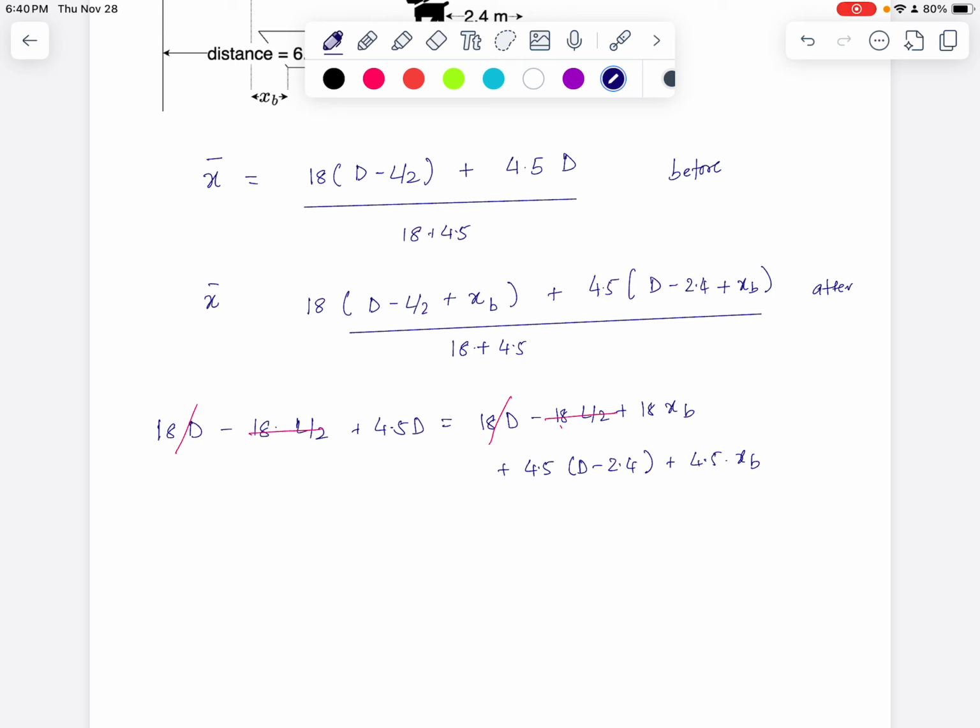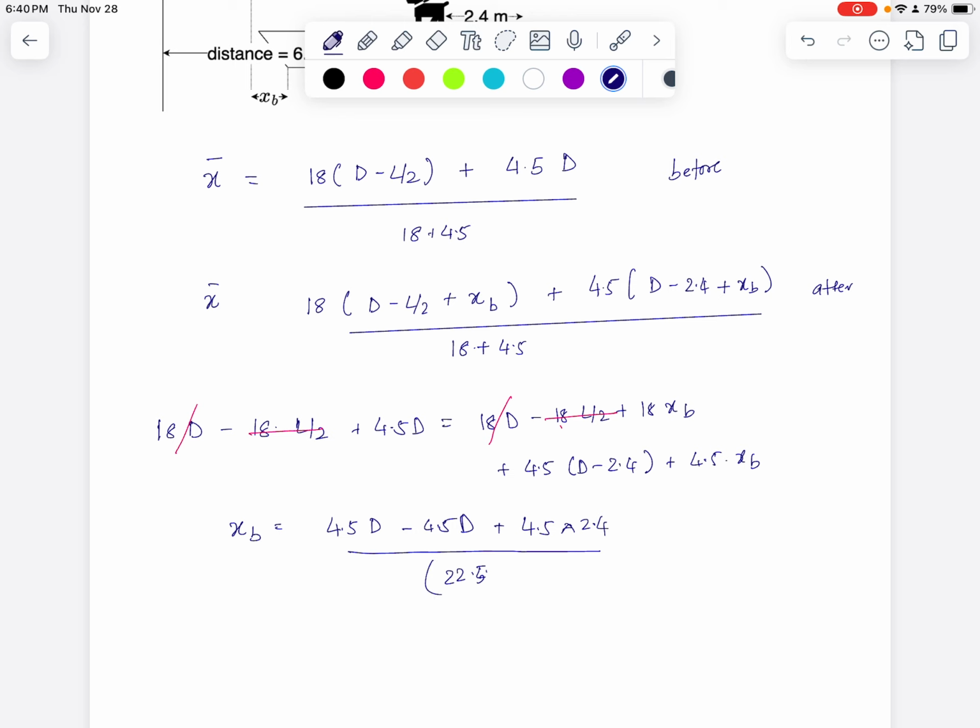So xb equals 4.5 d minus 4.5 d plus 4.5 times 2.4, divided by 22.5.